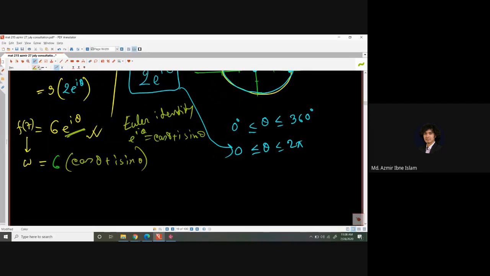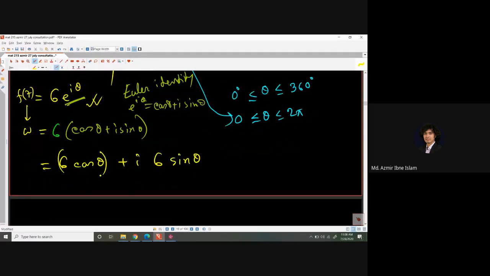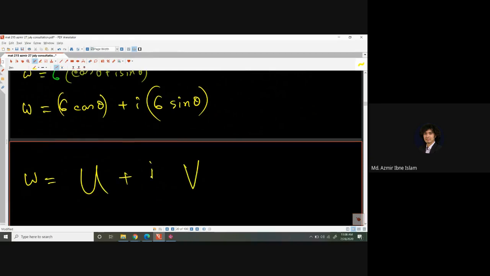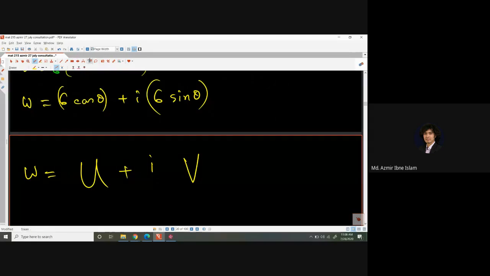That means we finally have 6 cosine theta plus i 6 sine theta. Now if we use parentheses or group, then you can easily figure out that w equals u plus v i form. Let's write i on the right side.